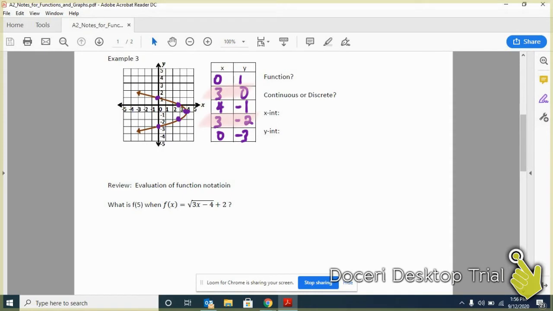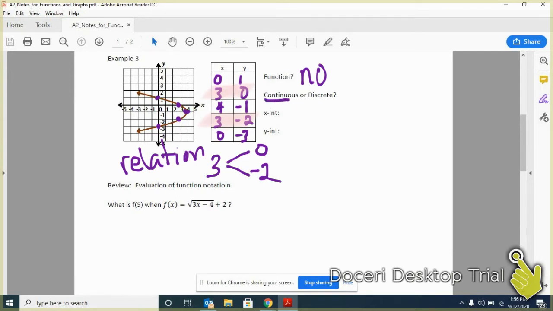We have an x value of 3, which is giving us a y value of 0 and a y value of -2. Because of this, it is actually not a function at all. This is actually just what we call a relation. Okay, so everything's a relation, only certain things are functions. They have to meet that requirement. Okay, this is considered continuous still, either way.